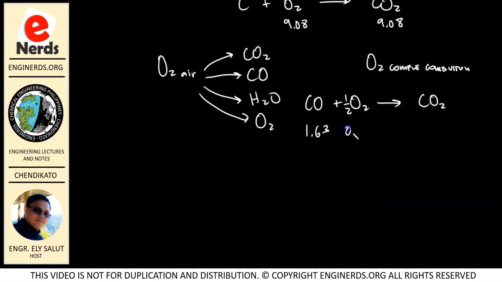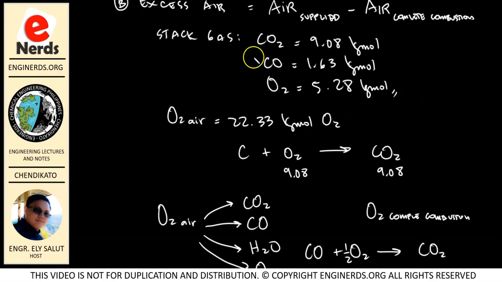Ganito pa karaming oxygen ang kailangan natin para ma-convert pa itong CO na nandito. Kasi we need to convert this to CO2 para magkaroon tayo ng complete combustion sa lahat.